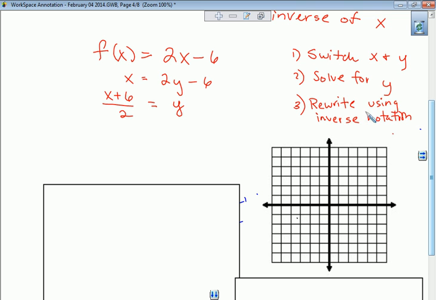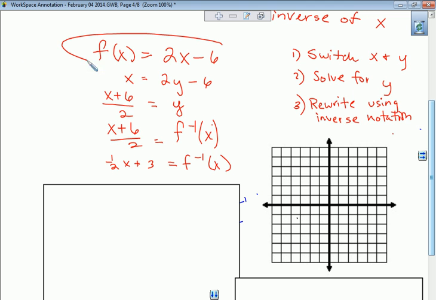We do want to note that it is the inverse, so we're going to use that inverse notation. So instead of y equals, we could say f inverse of x equals, whoops, I left out the little negative 1. Or I could have written this as 1/2 x plus 3, couldn't I? Both of those mean the same thing, right?